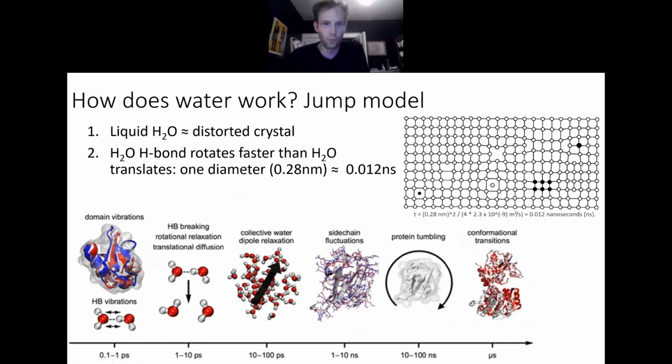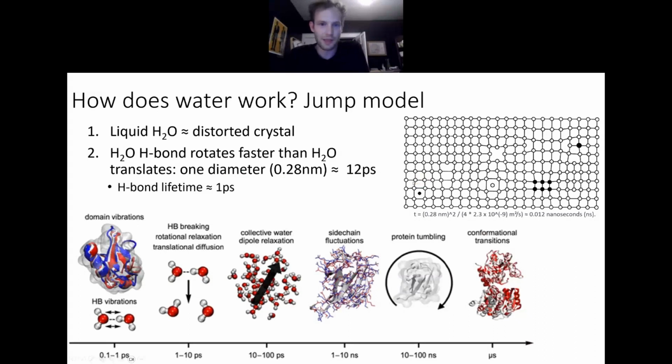For water to diffuse one diameter of itself takes about 12 picoseconds, to go from one area in the crystal structure to the next.